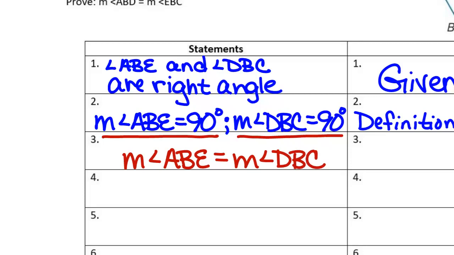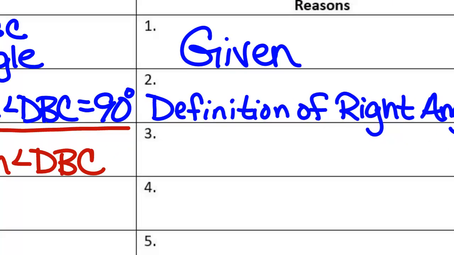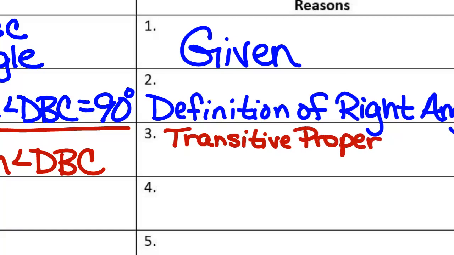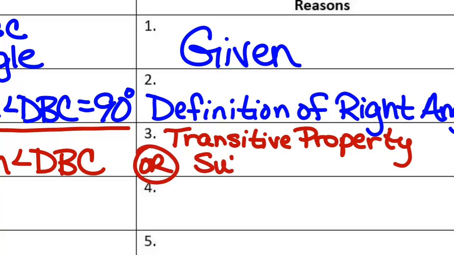Because I have an equal sign here, I can use transitive property, or I can use what? Not symmetric, that allows me to just switch it around. Substitution. I can use transitive property with congruent signs or equal signs. I can only use substitution with equal signs. So transitive property, or you could use the substitution property here.